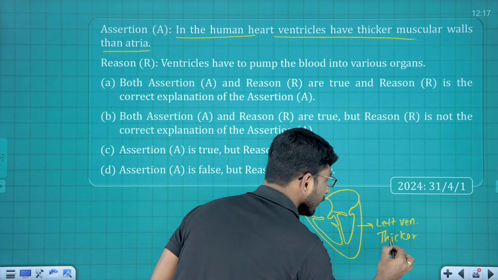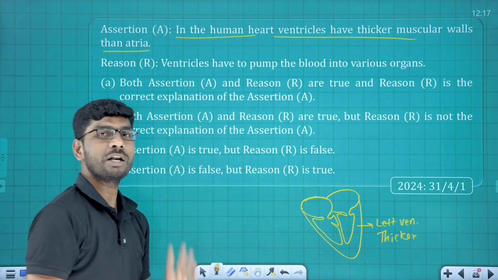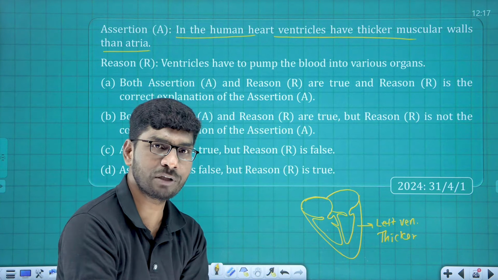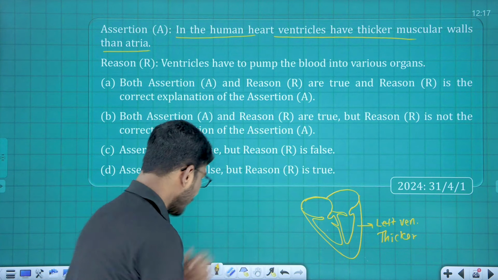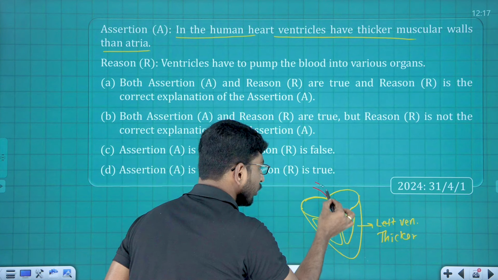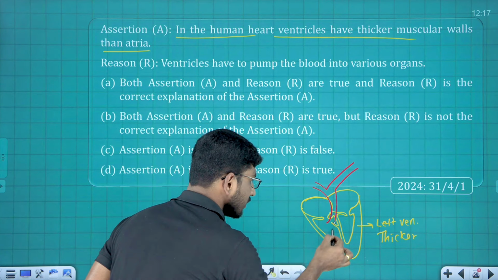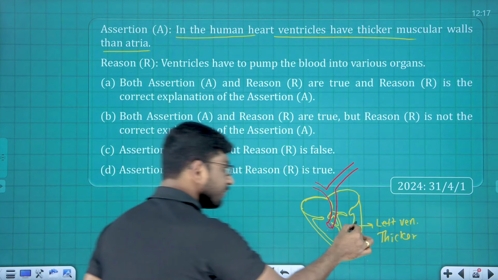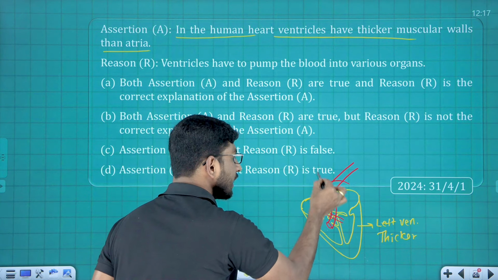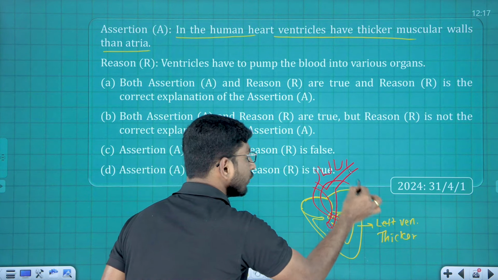Normally, ventricle walls are thicker than the auricle. Why thicker? Because they need to pump the blood to all parts of the body, students. Yes or no? From the right ventricle, the pulmonary artery takes deoxygenated blood to the lungs, and from the left ventricle, the aorta takes oxygenated blood to all parts of the body.